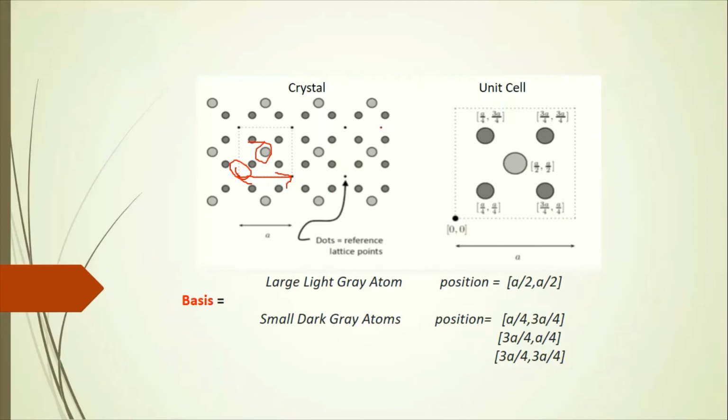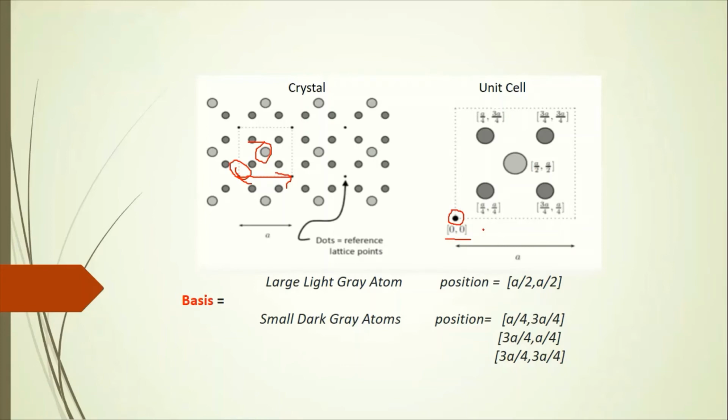But we need to specify a basis, and how can we specify it? Here our unit cell has dimension a, and the lattice point here is at 0, 0.